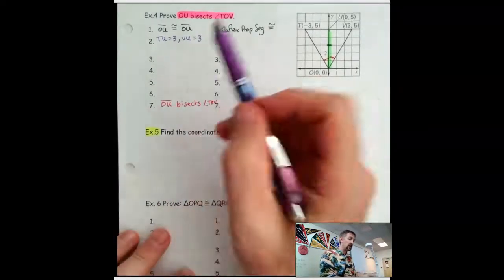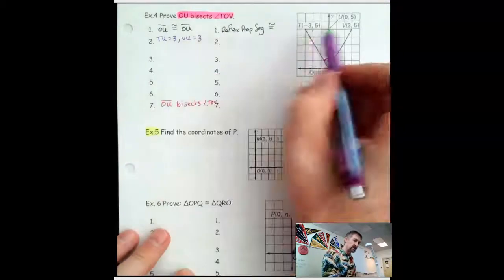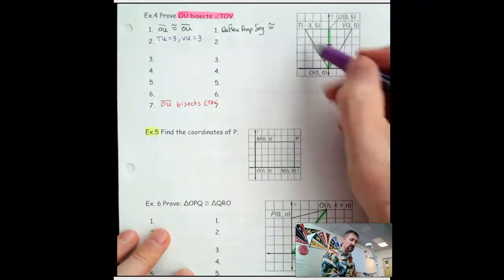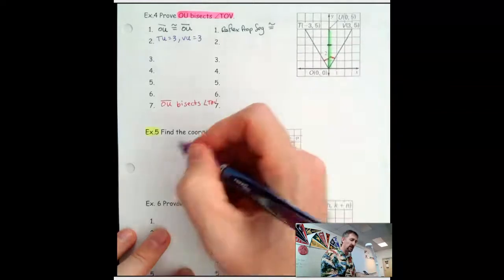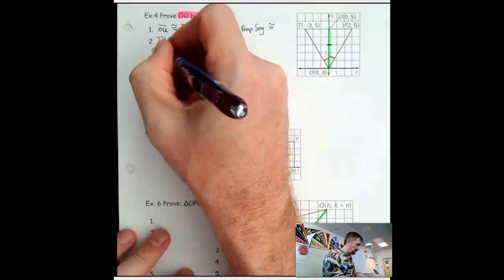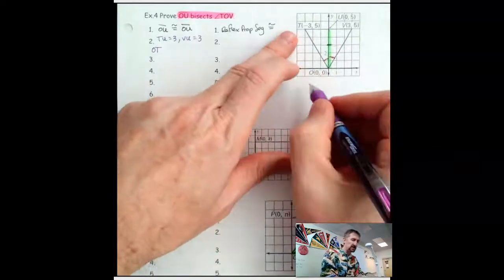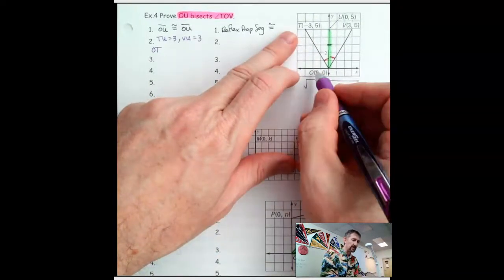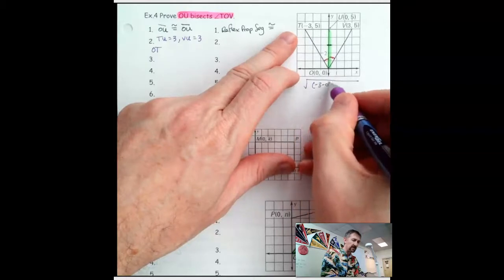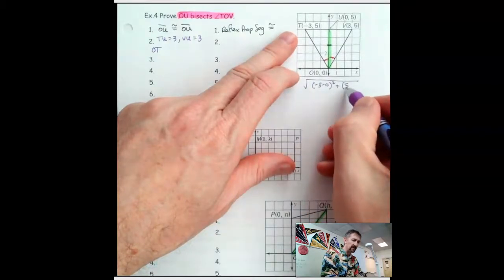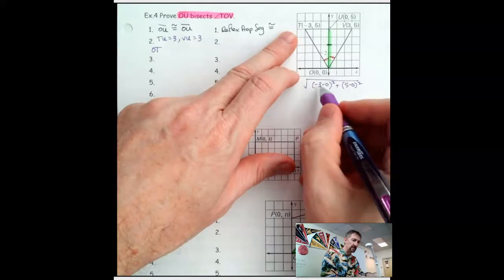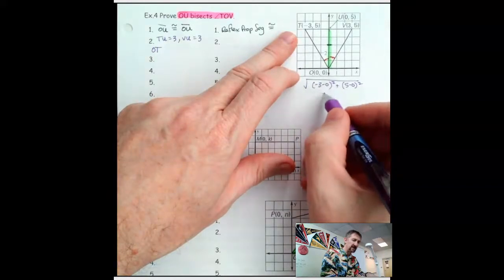So, all right, we have those two lengths equal, so we probably should look at these two, OT and OV. So OT, if we use the distance formula on that, that's going to be negative 3 minus 0 squared plus 5 minus 0 squared. So that's going to be negative 3 squared, which is 9.